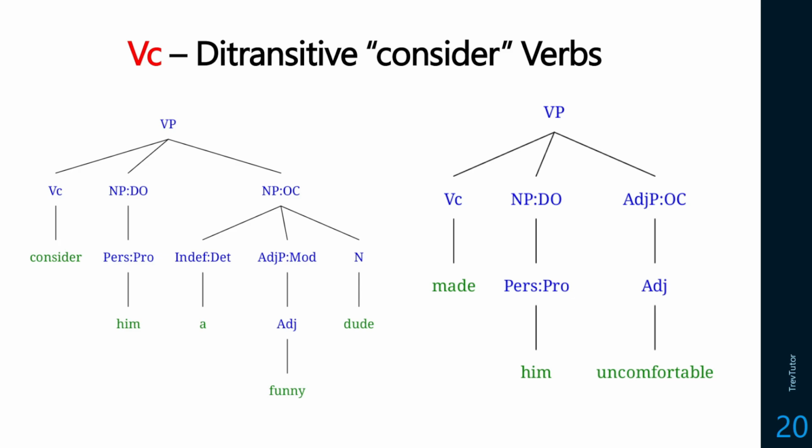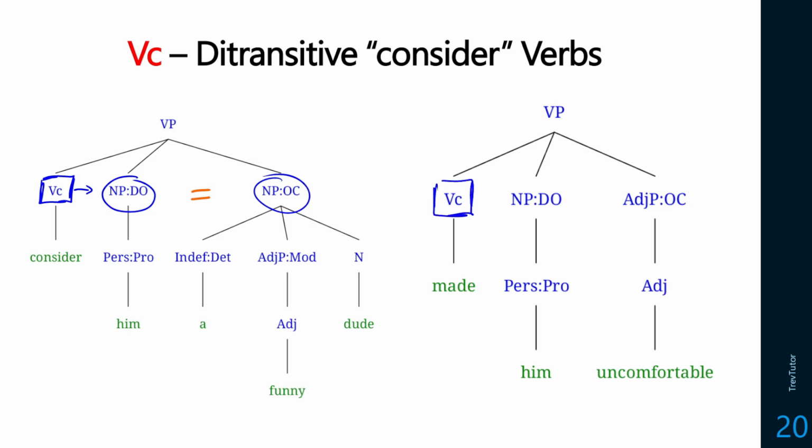So here are some examples of how these look in trees. So I consider him a funny dude. We have our consider verb, VC. We have the direct object that we're considering, and then we have the link that we're making. So it's I'm considering him something, and him equals a funny dude. Or in the case of "made him uncomfortable," that's a little bit smaller, but we can get the same thing there.